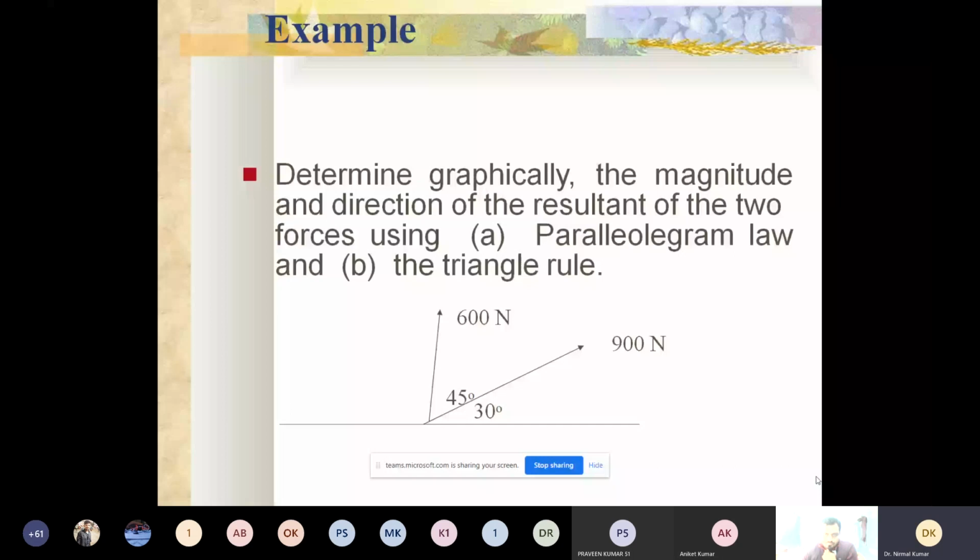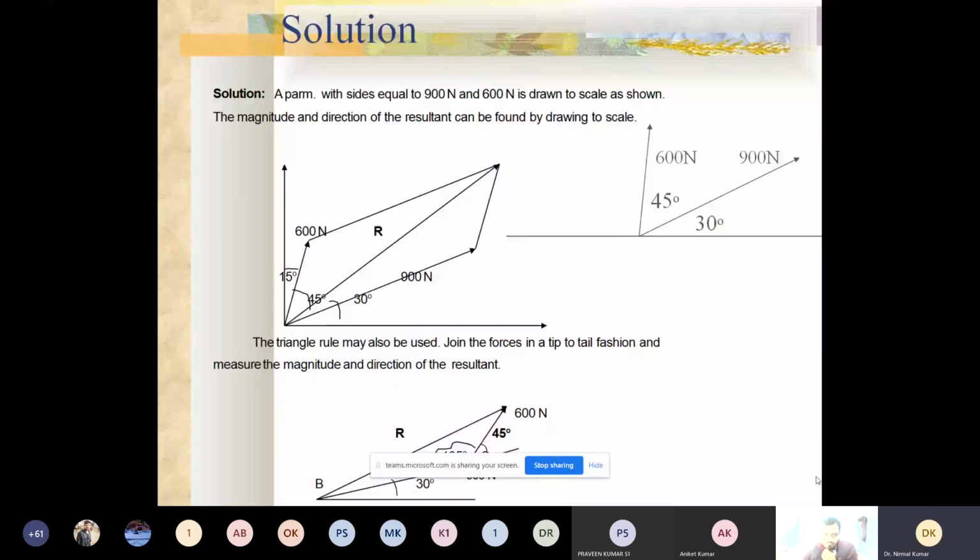Now you see, you construct a parallelogram in this way, 900 parallel to 600, and you are able to construct a parallelogram. And now you can directly use the parallelogram rule of forces: R squared equals 900 squared plus 600 squared plus 2 into 900 into 600, and the angle between these two, cos 45, and you will get the value of the resultant. This is the analytical method by which you will get the value.